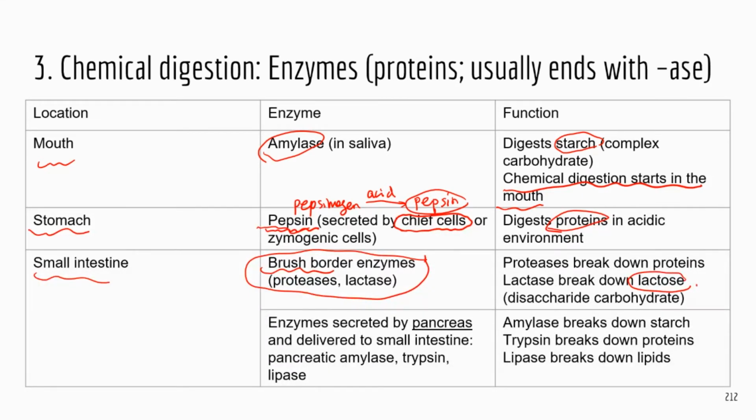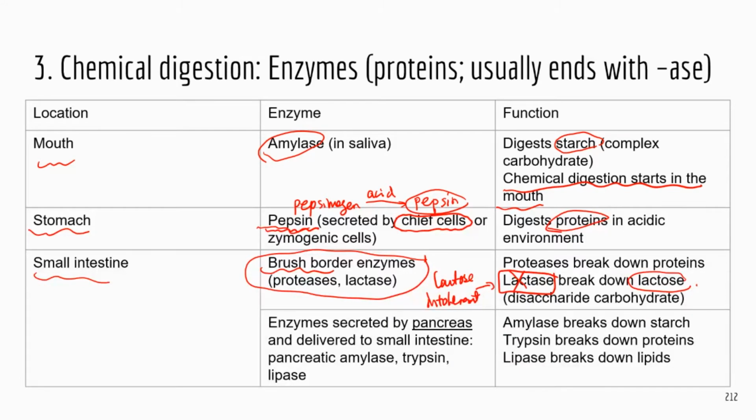Now, for people who are lactose intolerant, these people do not have lactase. They do not have the enzyme that can break down lactose. And if you don't break down lactose, it's going to sit in your digestive system. It's going to cause all those symptoms like bloating.